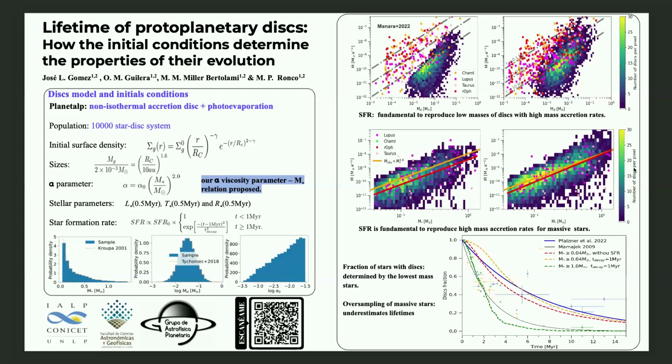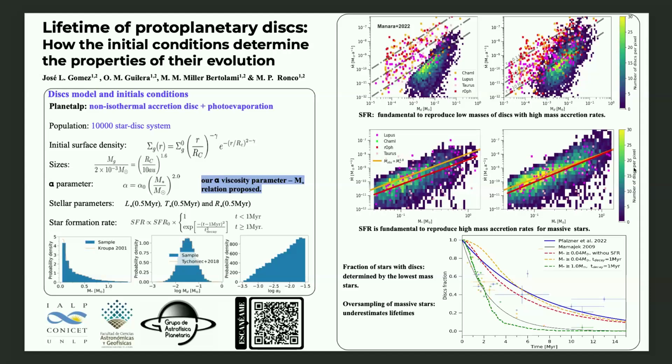And also we use a star formation rate in our population, and at the right we can see the result. We can see the effects of the star formation rate on the mass accretion rate as a function of the disk mass, and in the middle panel the result of the mass accretion rate as a function of the stellar mass without a stellar formation rate and using a stellar formation rate.